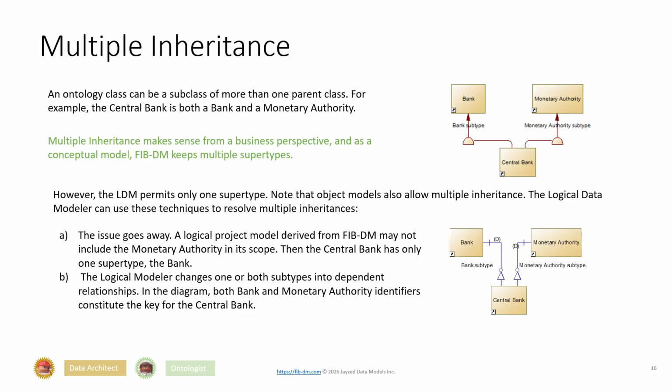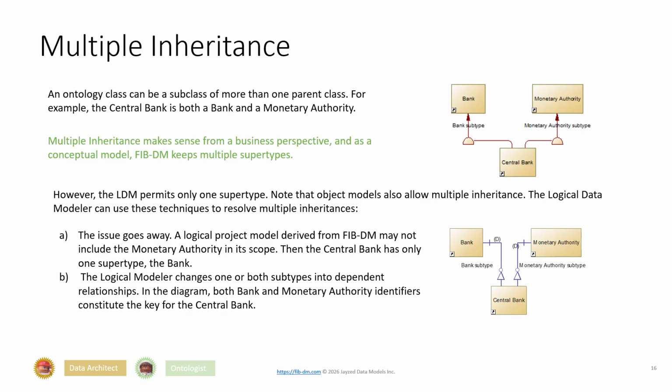It's a subtype of bank and monetary authority. However, when we attribute the model, maybe the monetary authority doesn't have attributes, or it's not in the scope. So in that case, the issue goes away. Now we are only left with one supertype of the central bank.